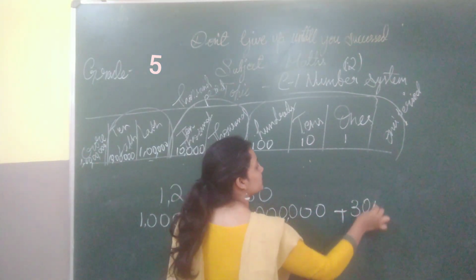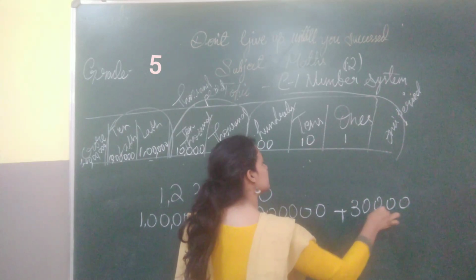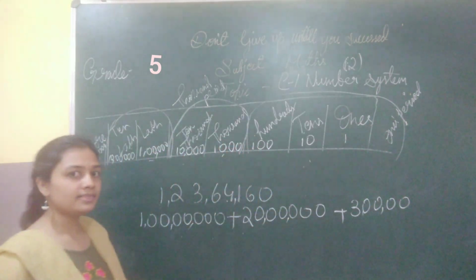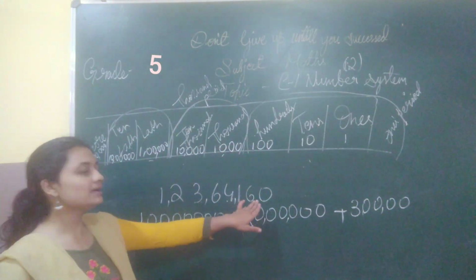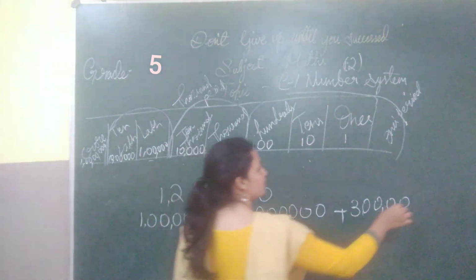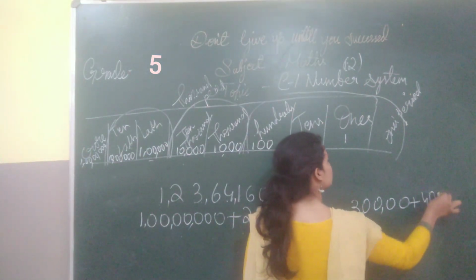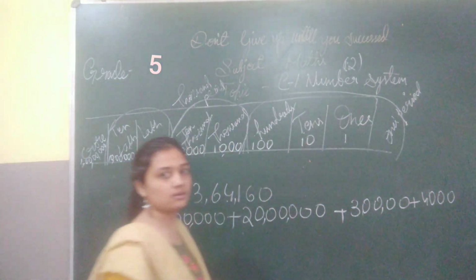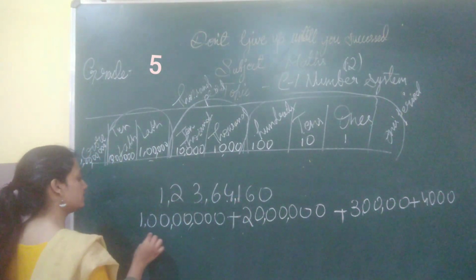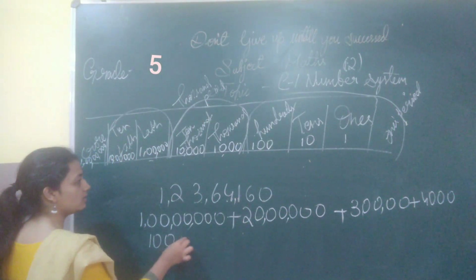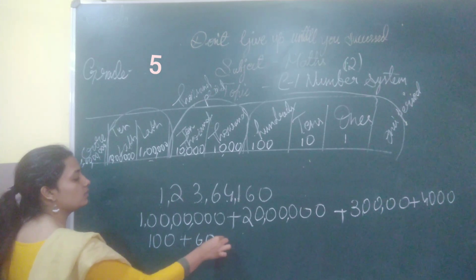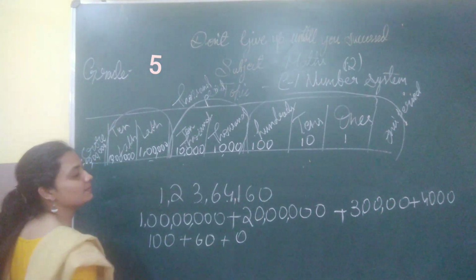So 3 with 5 zeros. Next, 4 with 3 zeros. Next, 1 with 2 zeros. 6 with 1 zero, and the last one is 0 only.